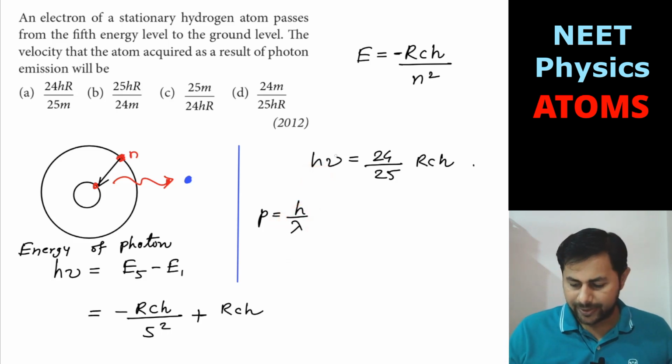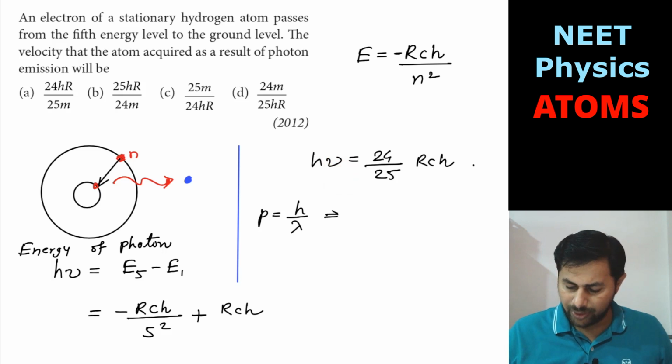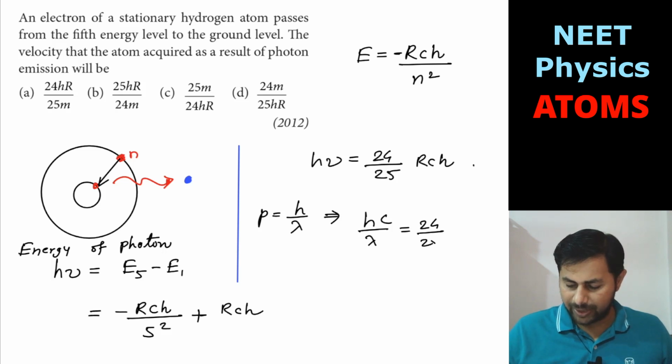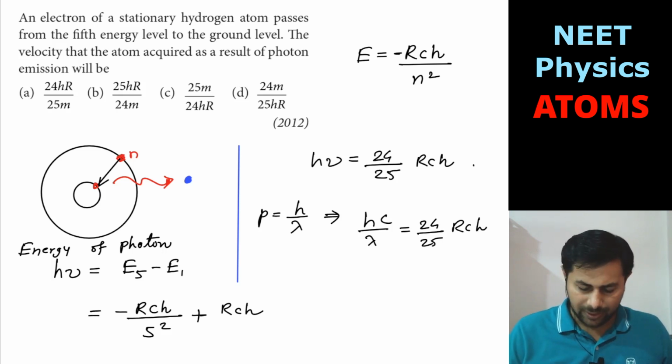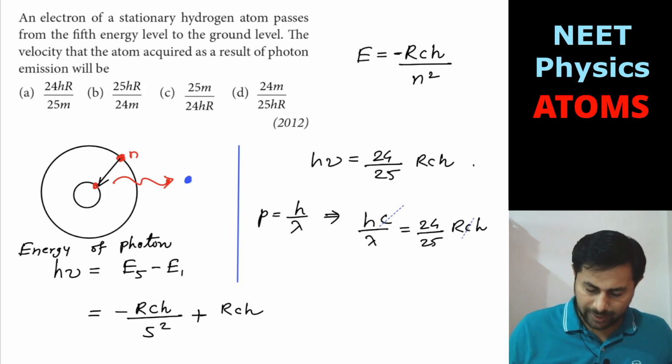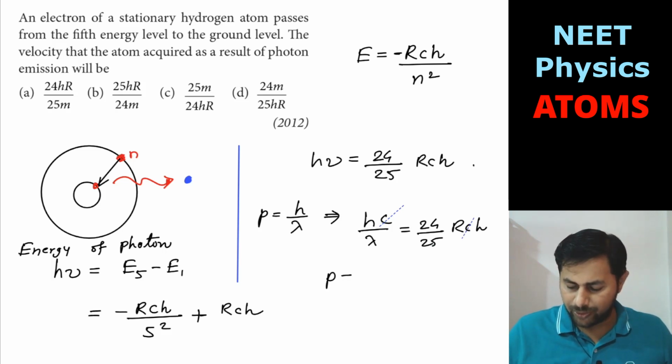Yes, because nu can be written as c by lambda. So we have hc by lambda equal to 24 by 25 times RCH. The c gets cancelled.